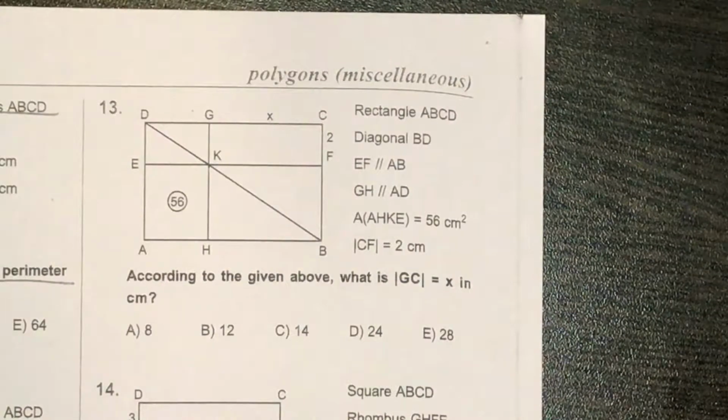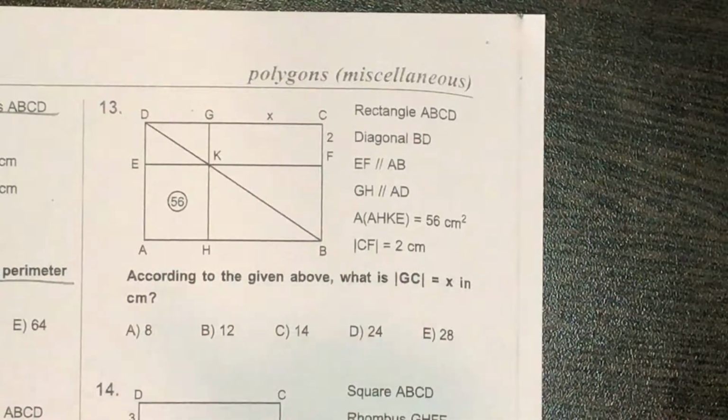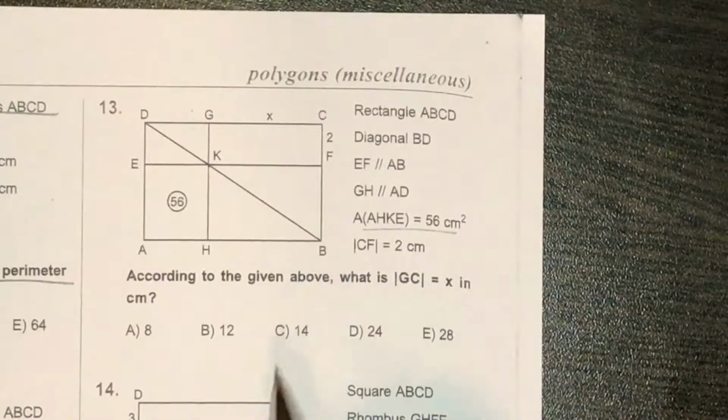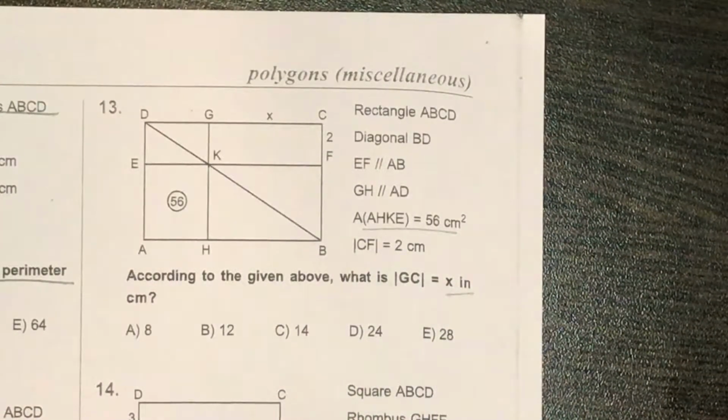In this one, okay, we can think that that's a parallelogram, special parallelogram, which is called a rectangle. It says the area of this rectangle is 56, CF is 2, what is X in centimeters? Okay.